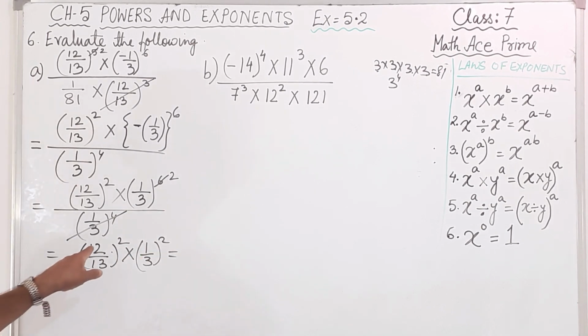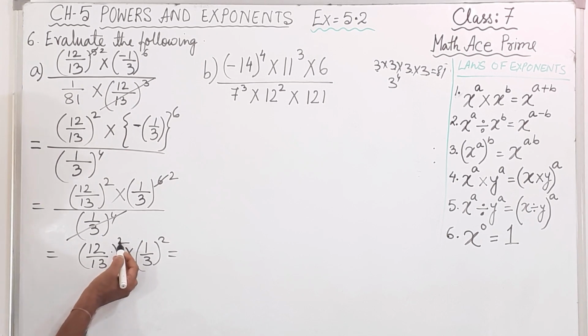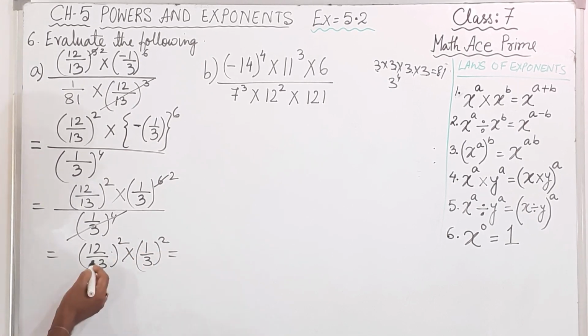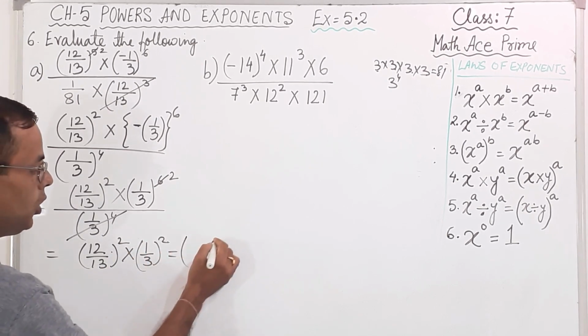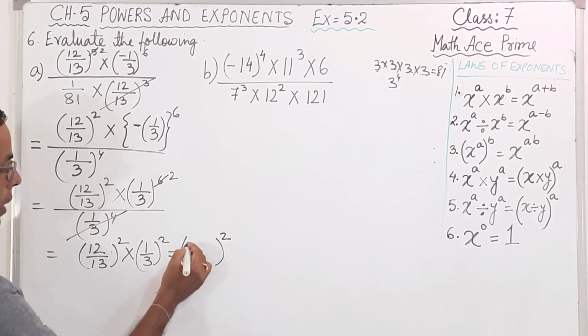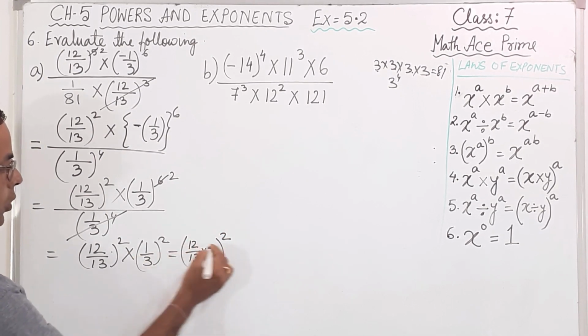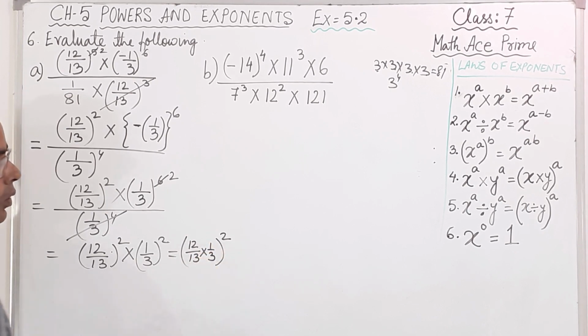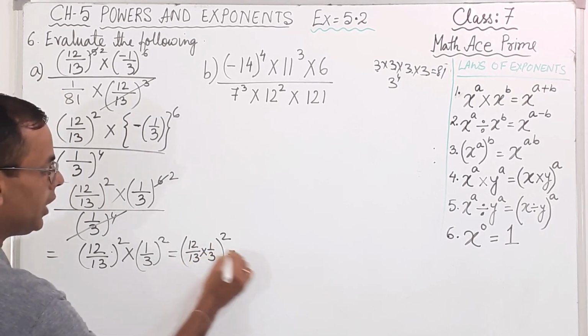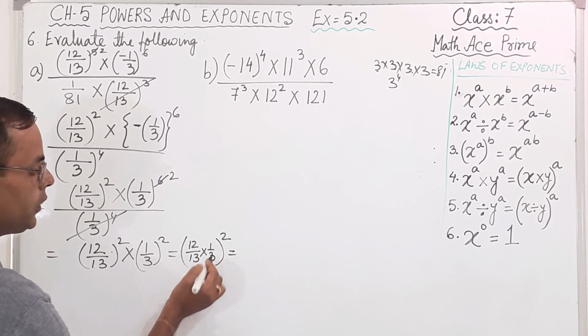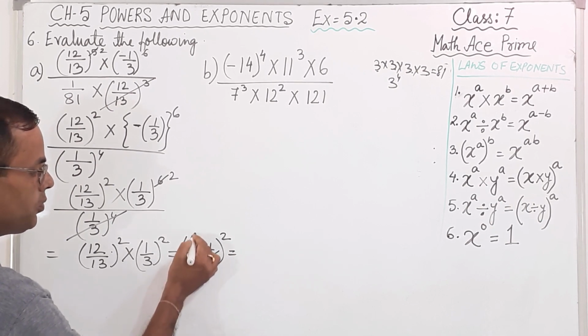Now if you see this portion nicely, the powers are same but the base is not same. So only one time I will write the power, and 12 by 13 multiplied with what? 1 by 3. Okay. Now what will happen? Now here 12 and 3 you can cut, 3 1s are 3, 3 4s are 12.